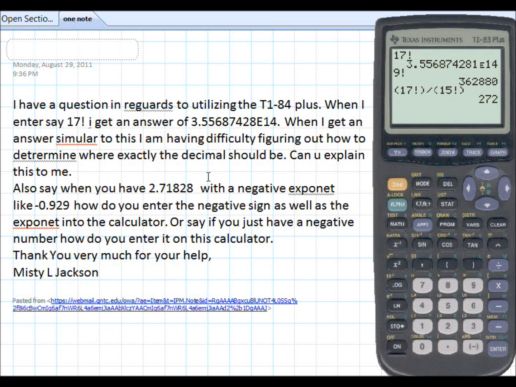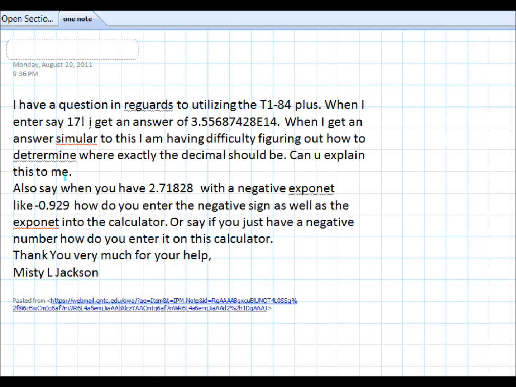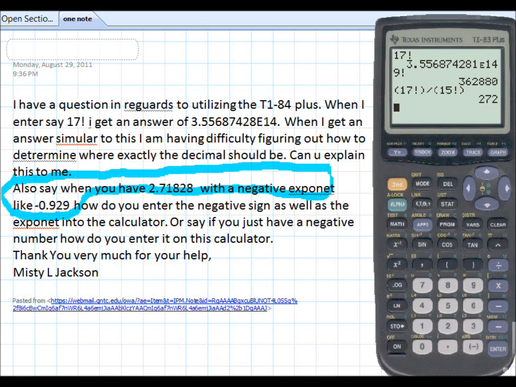And here's what you're asking for. You have 2.7 with a negative exponent, and you're asking, well, how do you put that in the calculator? Let me go back to my calculator, and let's do that.